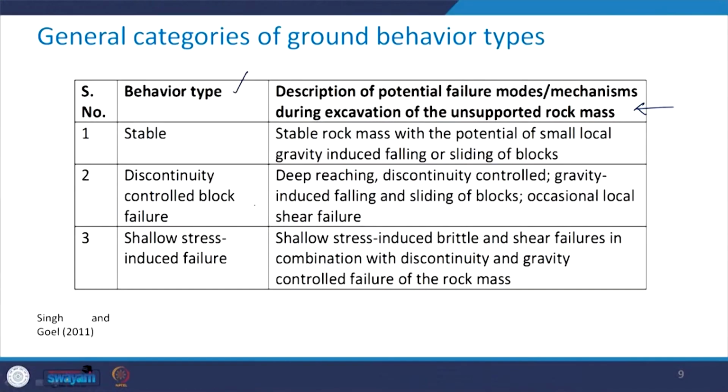The next category is discontinuity controlled block failure, and its description includes deep reaching, discontinuity controlled, gravity induced falling and sliding of blocks, and occasional local shear failure can also be observed.